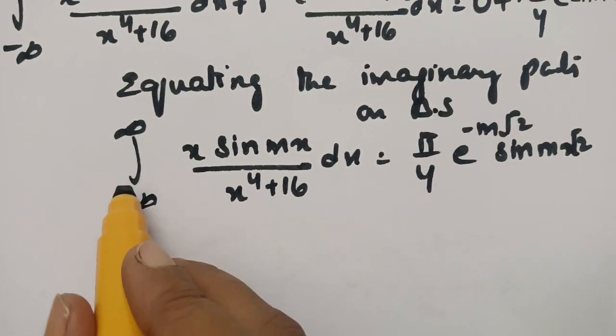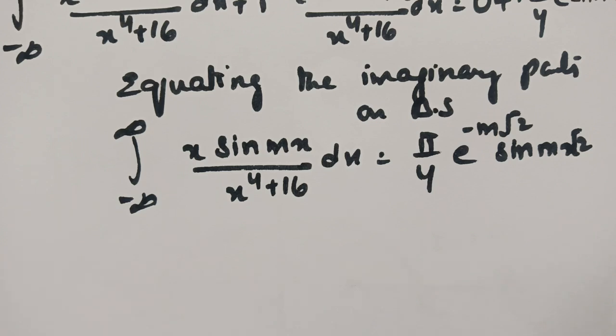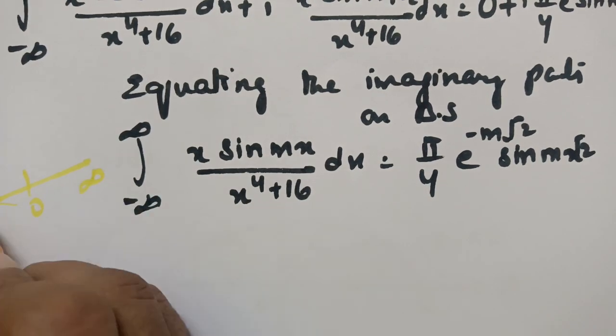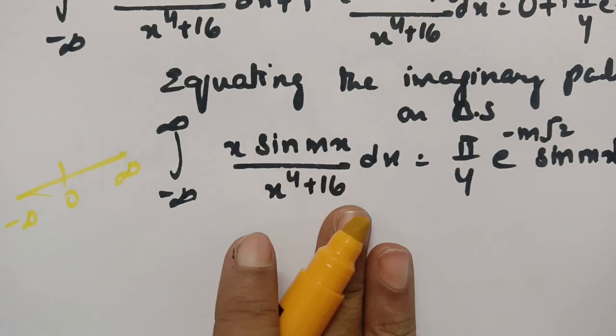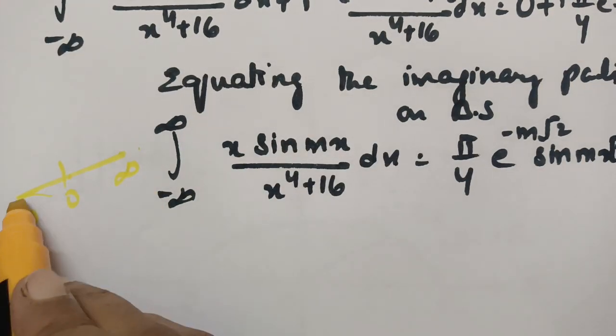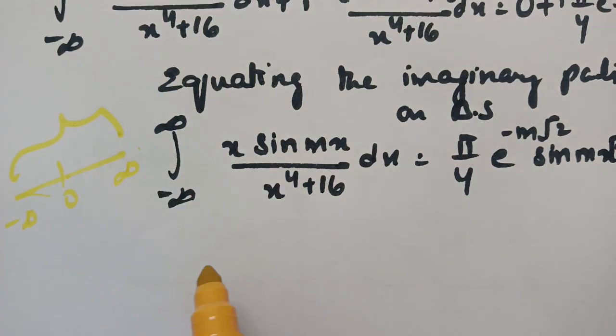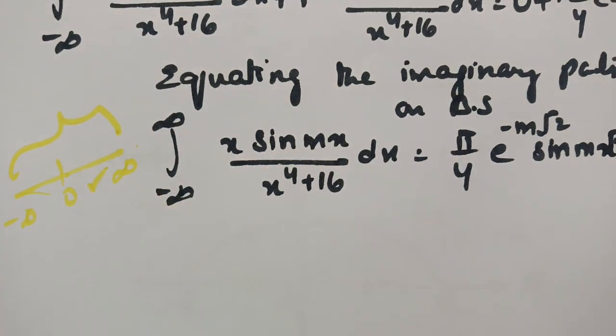And therefore, here is the logic that it is an even function. See here, this is 0, this is infinity, and this is minus infinity. The distance from 0 to infinity is the same as the distance from 0 to minus infinity. So in order to calculate from minus infinity to plus infinity, it is equal to twice the calculation from 0 to infinity.